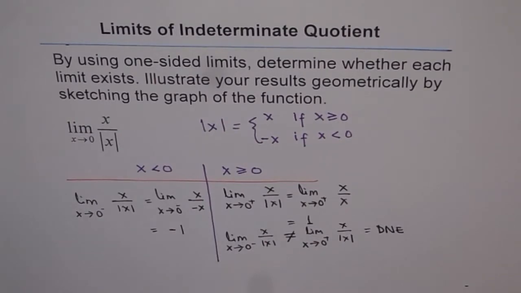Correct? So the limit does not exist since while approaching from the left side and right side, we do not approach the same value. What we get is minus 1 from the left side and plus 1 from the right side.